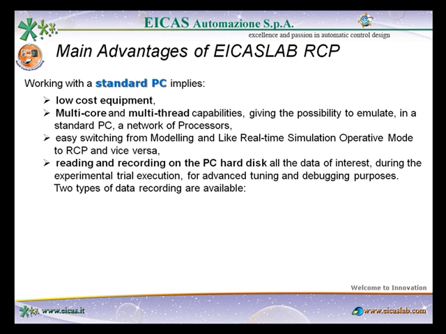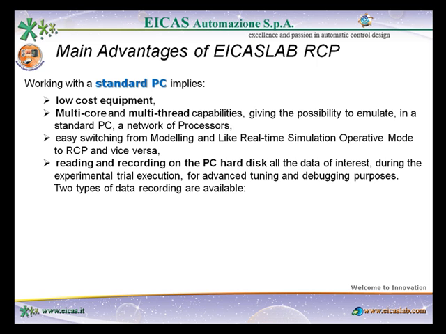You can perform RCP reading data files, for instance for initializing the parameters or the states of your system, which are the same files used in the first operative mode. You can easily record on the PC hard disk all the data of your interest during the experimental trial execution for advanced tuning and debugging purposes.